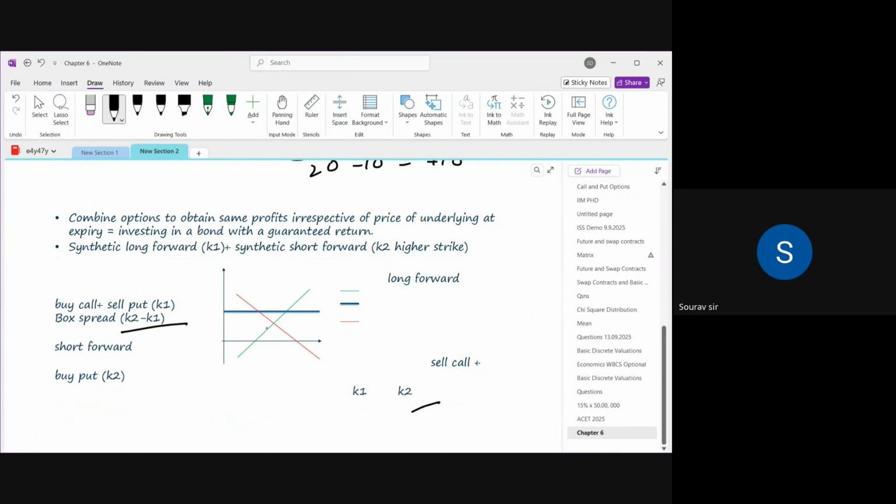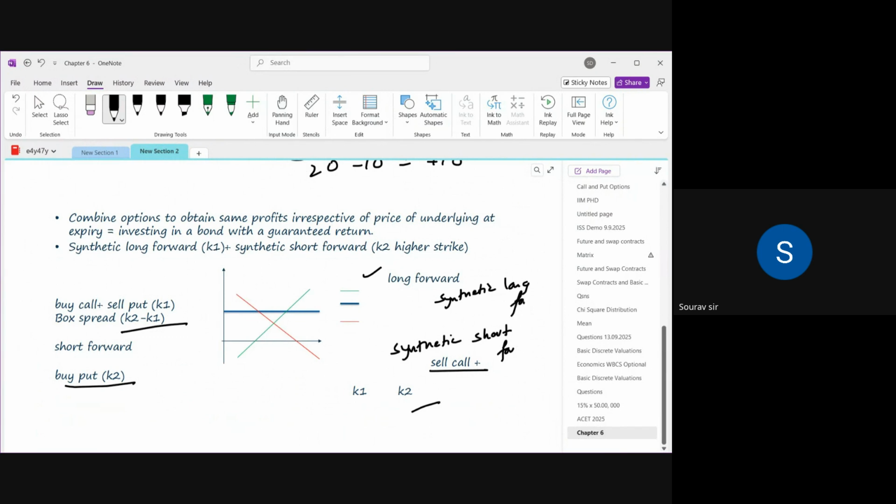So you see, at strike K1, you buy a call plus sell a put, so you are creating a synthetic long forward. Next, you sell a call plus buy a put, so this together is a synthetic short forward. I hope you remember the concept.